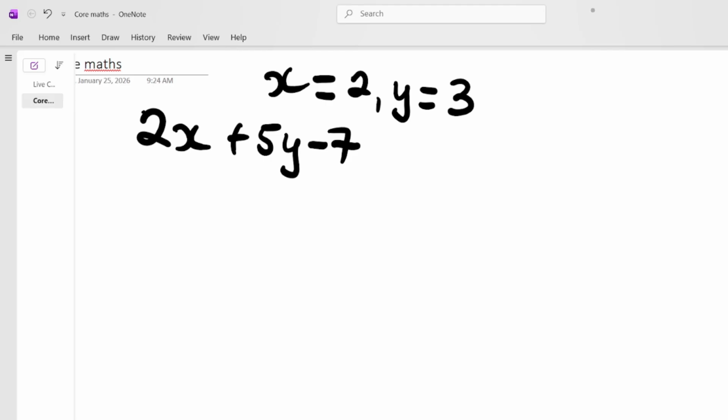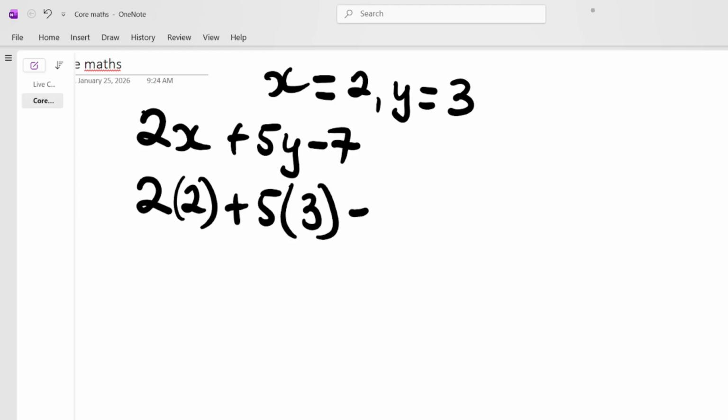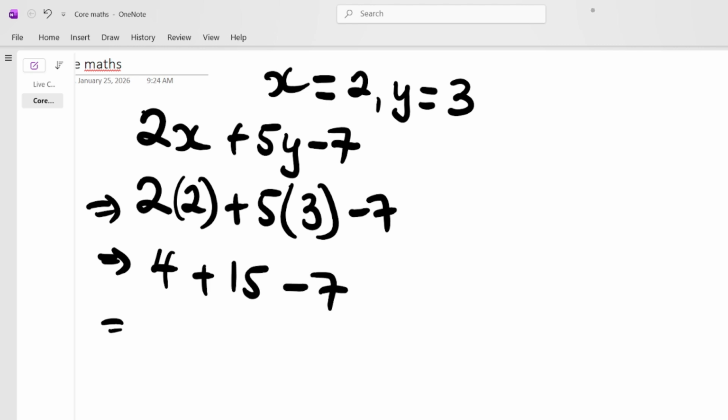So I'm going to do 2 bracket 2 plus 5 bracket 3 minus 7. I'm using the bracket way. So 2 times 2 is 4, plus 5 times 3 is 15, minus 7. This gives us 19 minus 7, which is 12. Yes, that's 12.